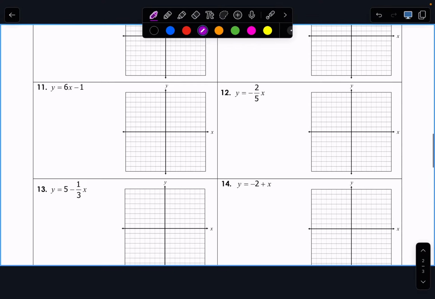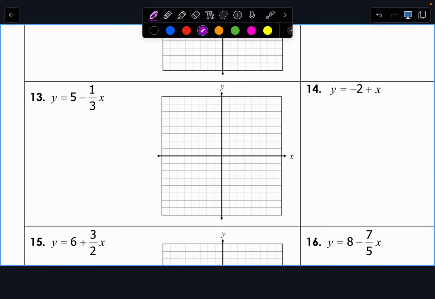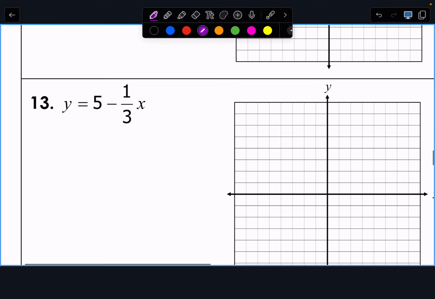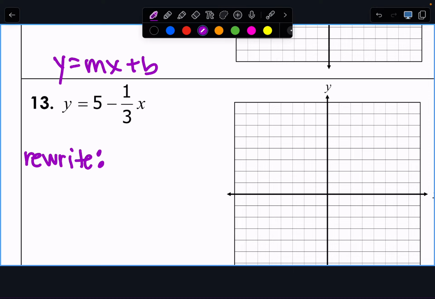The third weird thing that can happen is I want you to look at number 13. Why am I saying that this is weird? It's flipped around. We like to see y equals mx plus b, but I see the number with the x coming second instead of first. So when this happens, I think it would be a really good idea for you to rewrite it so it looks like y equals mx plus b. So what number is attached to the x?